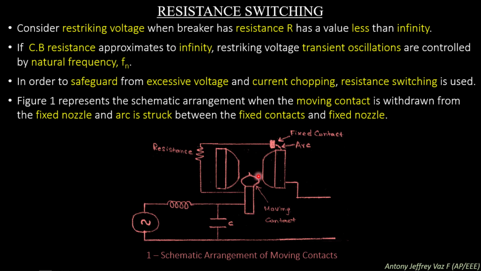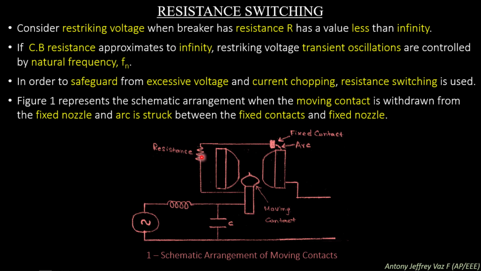In this circuit breaker, an extra arrangement of another fixed contact is placed in the upper portion, where this fixed contact is connected with the shunt resistance Rp which we have seen earlier.